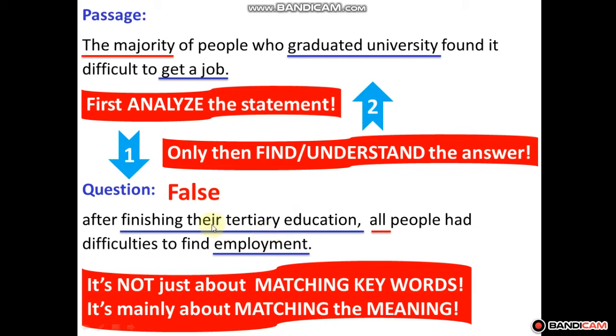Because the information given in the statement does not match the statement given in the passage. We have matching keywords, but the problem is that here it says just one word, "all," whereas here it means "the majority." Well, this information is there. We are not saying it is missing. In that case it would be not given. But the problem is it does not match. That's why it's false.